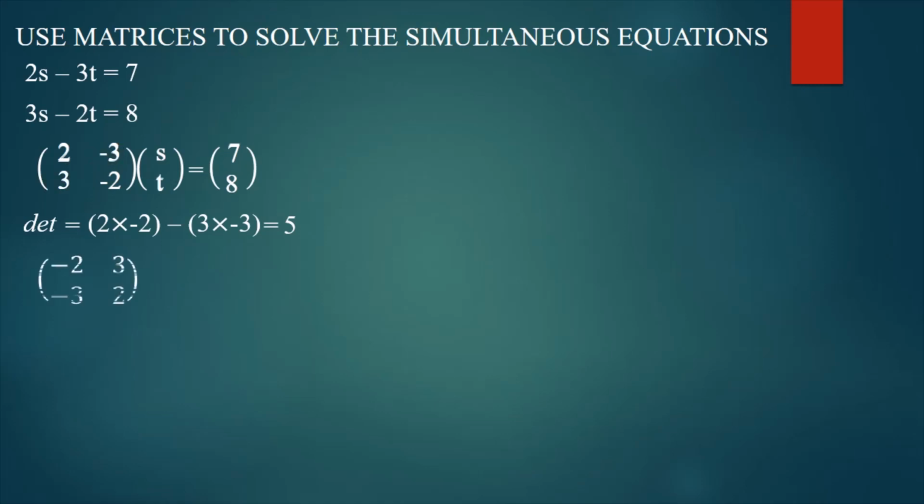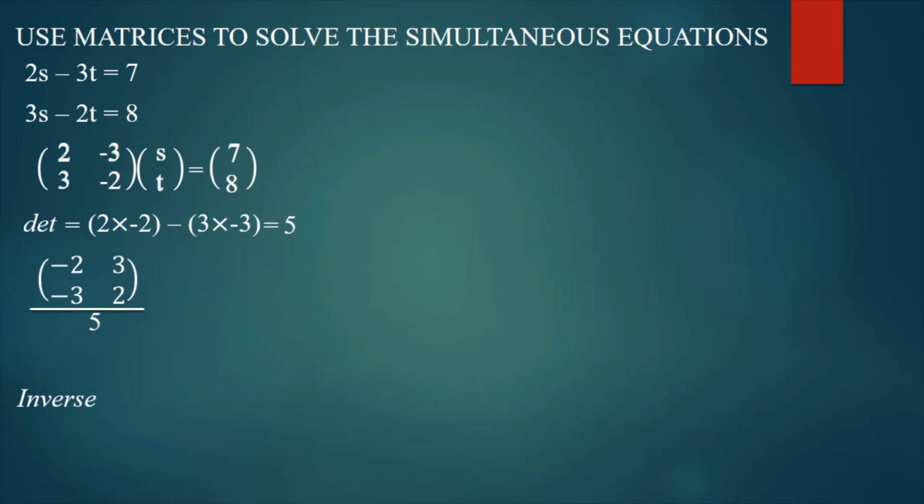So when you do that, you're going to end up with -2, 3, then -3, 2. So you've interchanged the elements in the leading diagonal, and you have reversed the signs of elements in the secondary diagonal. Then after this, you divide it by the determinant.